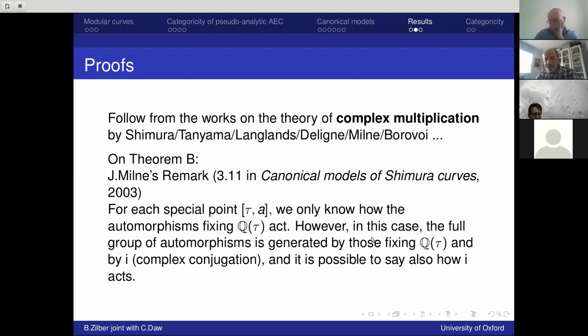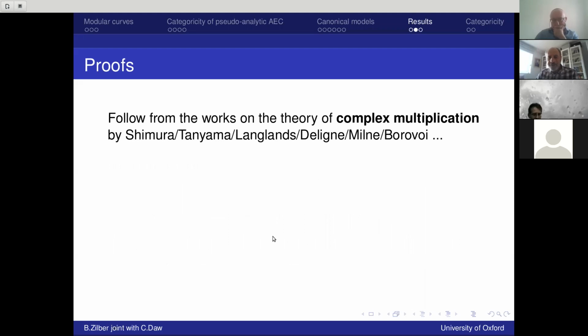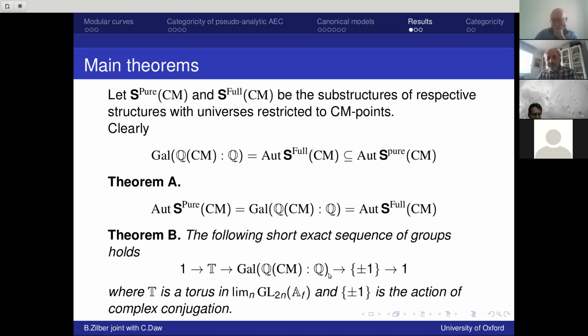When he says in this case, he means that in the case of Shimura curves, in the case of modular curves, this group can be worked out. In the more general case, there is nothing precise you can say. So this means that this theorem is some sort of predicted, but nothing concrete proved or published here.